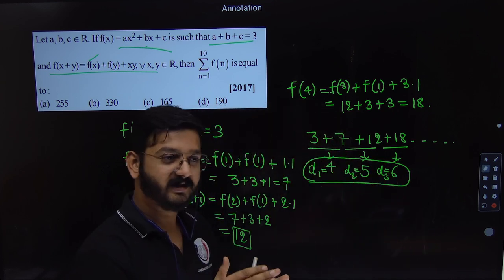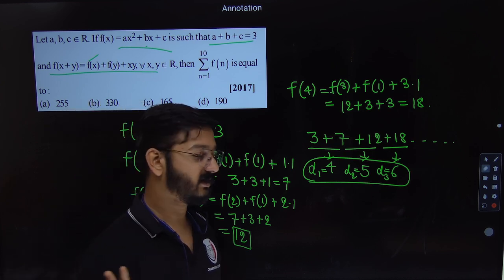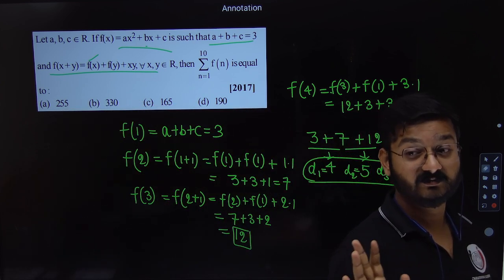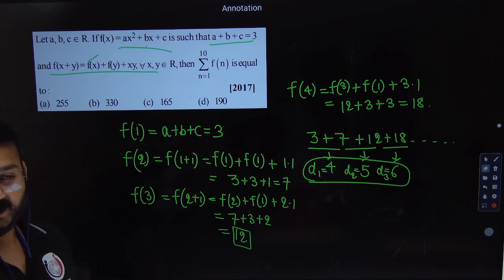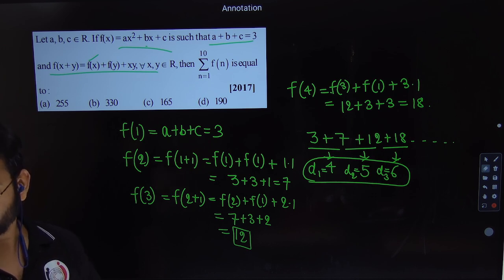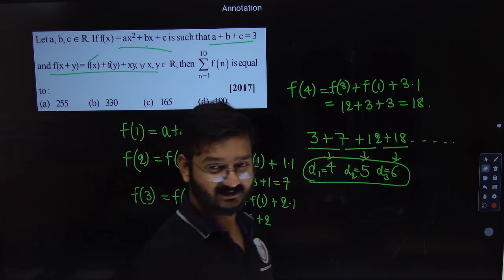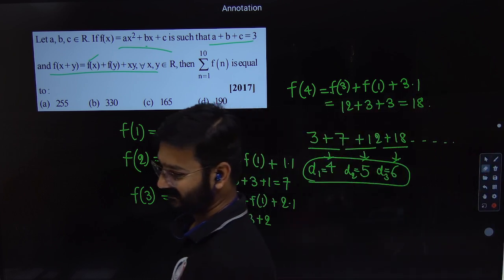If you are always dependent on formulas, you cannot clear any entrance exam with a good rank. It's impossible. Because everything will not be the same. That's why it is called a competitive exam. Whatever you are studying, if you feel that the same paper will come, that taste you guys got in the physics board exam also. So now you guys are mentally ready for that, which is a good thing.